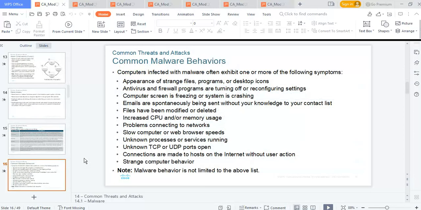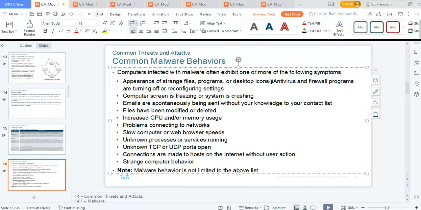So when do you say you have an indicator of compromise? Common malware behaviors: you have strange files on your desktop, in your program icons, or in your system processes. You want to analyze by using the Sysinternals suite. I've talked about this a lot.